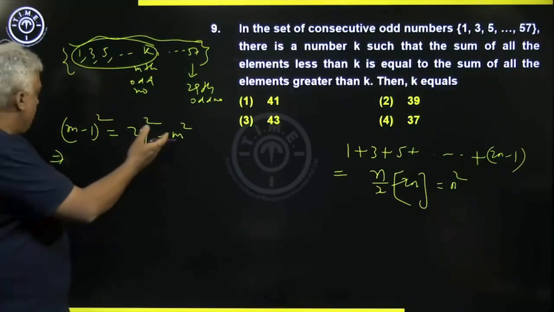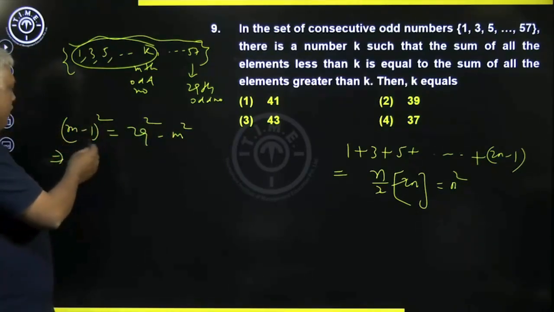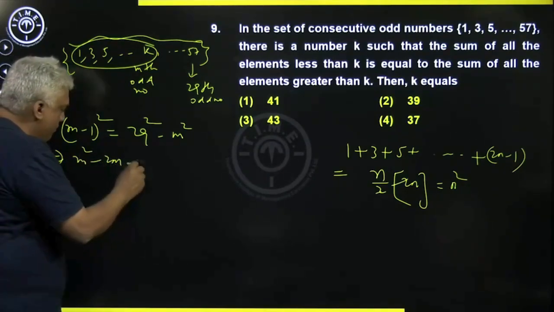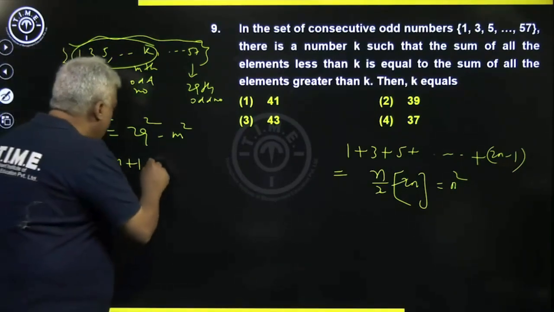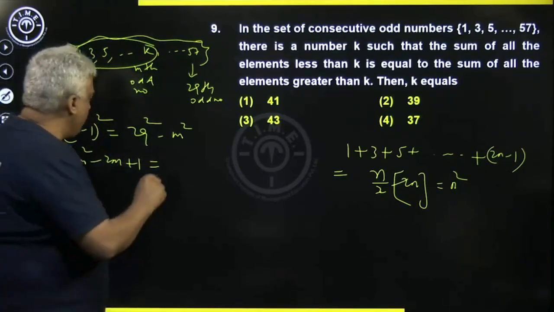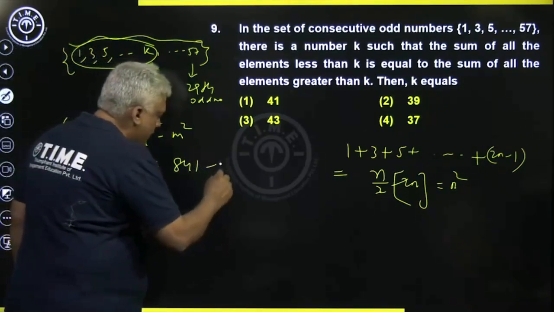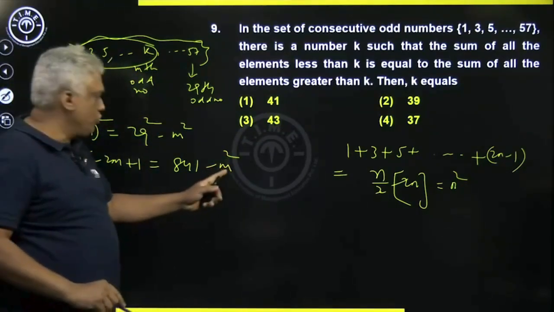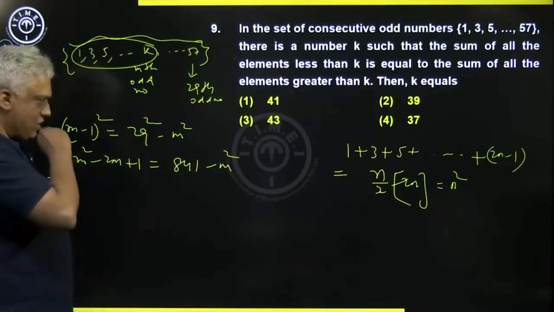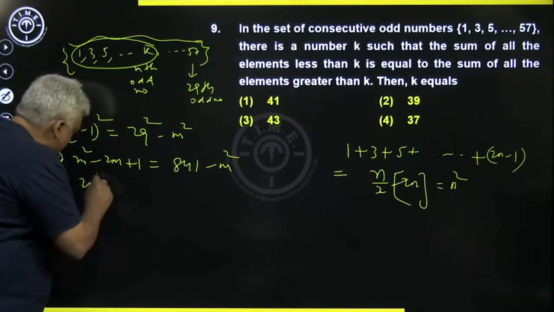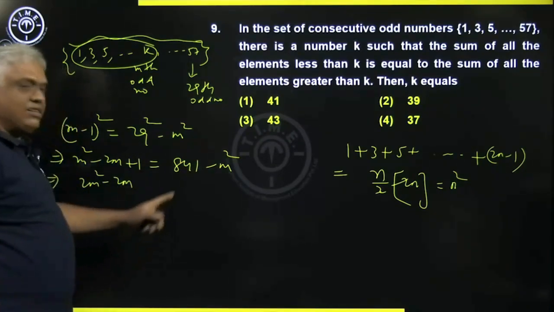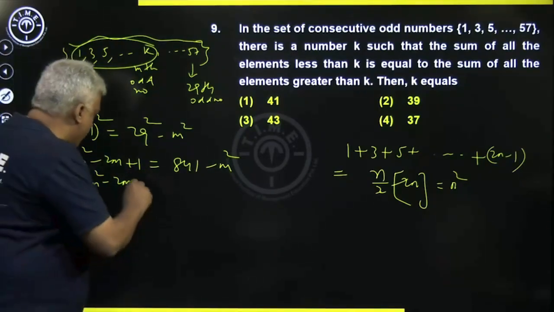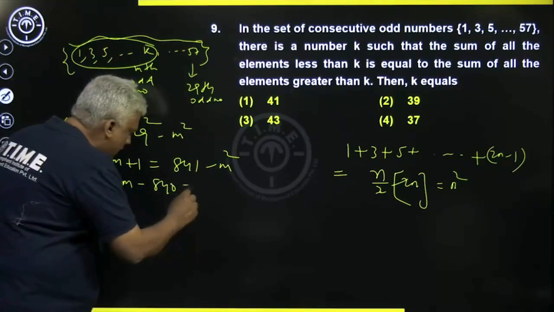So let's simplify it. Now m minus 1 whole square is m square minus 2m plus 1, equal to 29 square, which is 841, minus m square. Let's bring m square to this side. So m square plus m square is 2m square, 2m square minus 2m. Let's bring 841 to this side, 1 minus 841 will be minus 840, equal to 0.